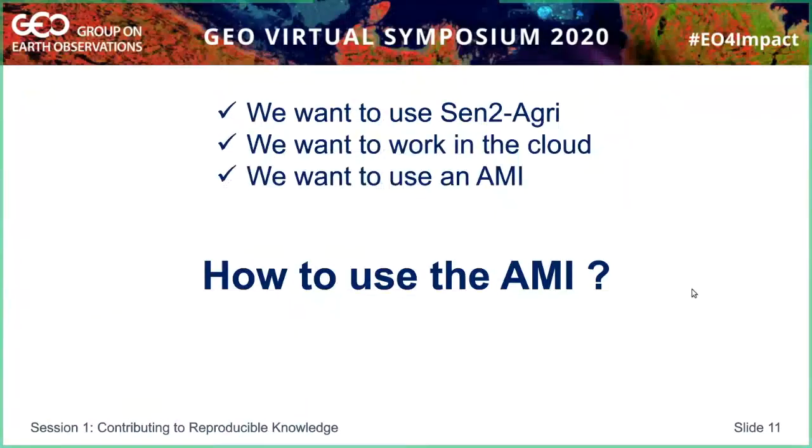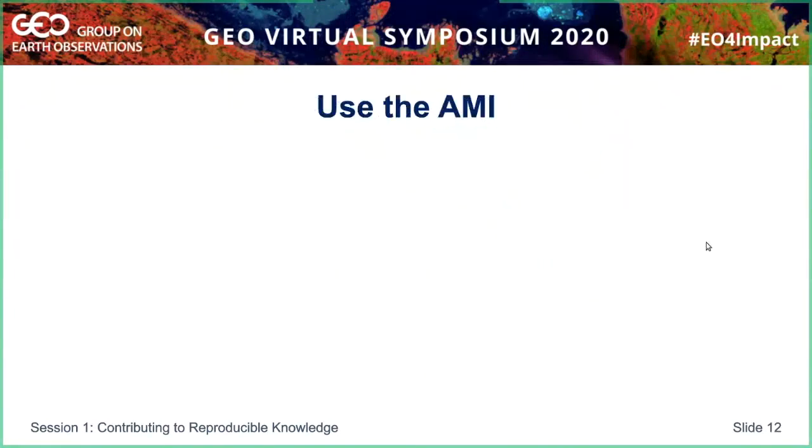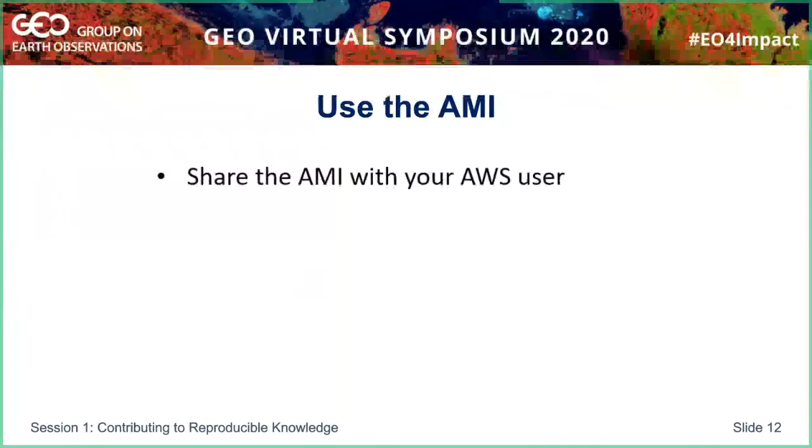Then how to use that AMI? Well, first we have to share the AMI with your AWS user, so you have to create an account on AWS. And when I say we, it's because we worked with the team of Geo with their account, and so they can share that AMI with your account.